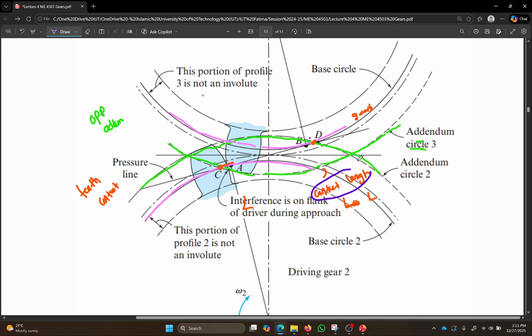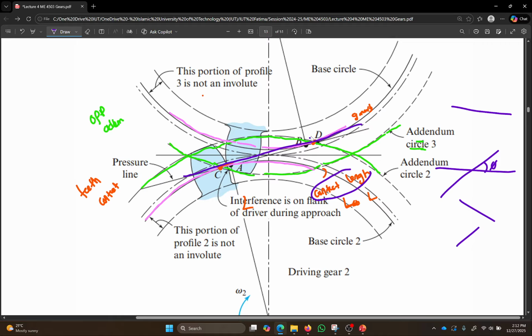It doesn't change as long as phi remains the same, as long as the angle between this and the line of action remains the same. The line of action can be like this or this, so both are okay according to how you're looking at the system. For this figure, if I draw the line of action, it is this one, AB. This is the line of action.